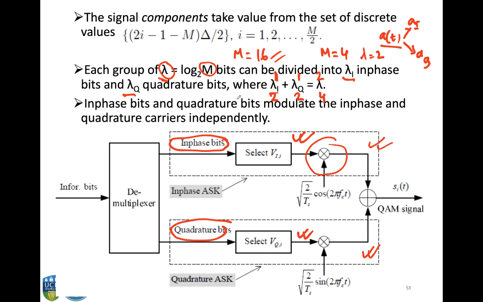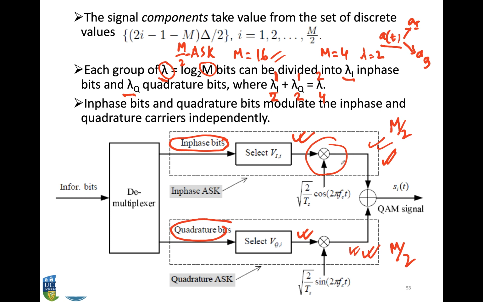So you are basically dividing the M-QAM into 2 root-M-ary ASKs, and whatever is appearing in this arm is 90-degree phase shifted with respect to what is appearing in this arm.